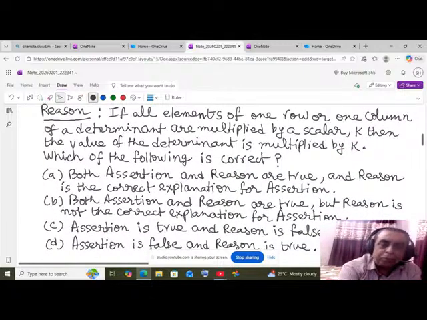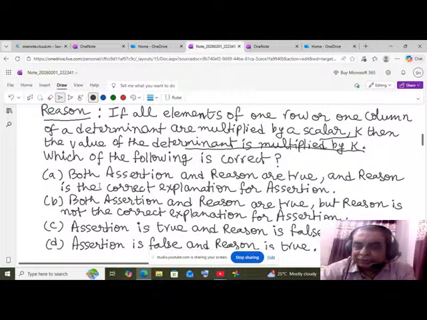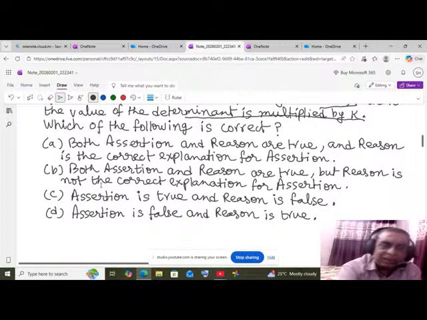If all the elements of one row or one column of a determinant are multiplied by a scalar k, then the value of the determinant is multiplied by k. Which of the following is correct? We have to tell which of the given choices is correct. A. Both assertion and reason are true, and reason is the correct explanation for assertion.